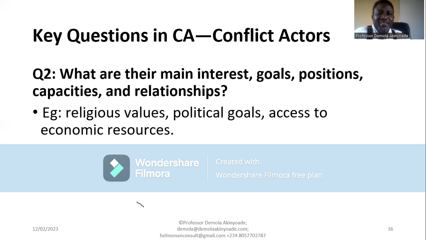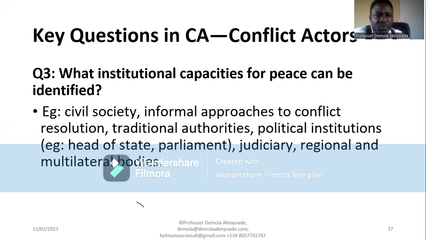Okay. So, these are the questions we ask to gather useful information on actors. Now, still on actors, what institutional capacities for peace can be identified? You see, we cannot overemphasize this.